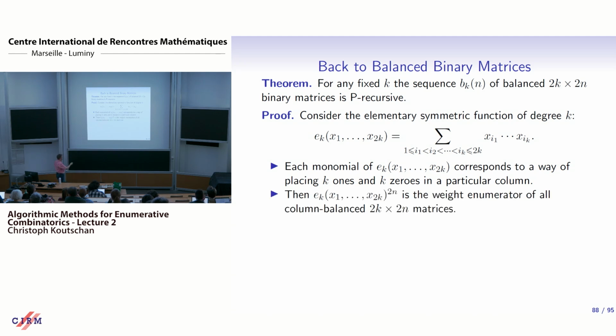So if we take a power, ek to the 2n, we get the weight enumerator of all 2k times 2n matrices that are column balanced.